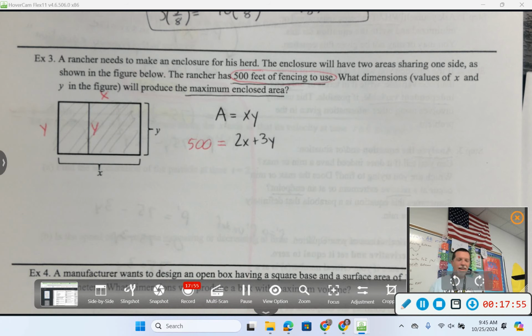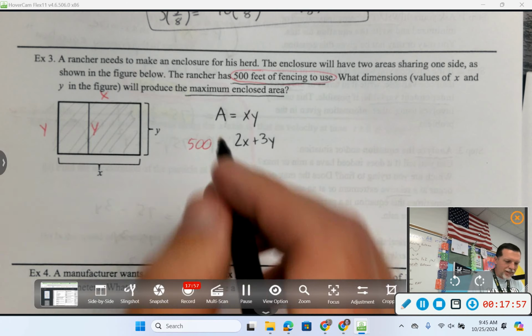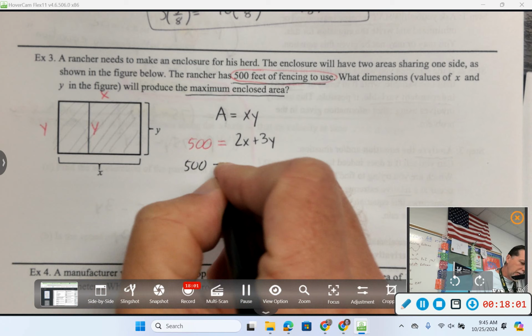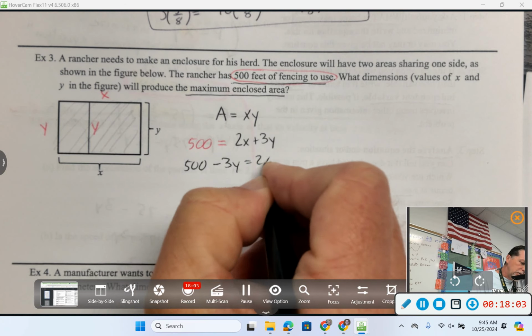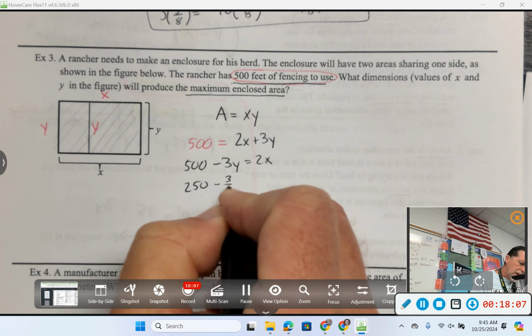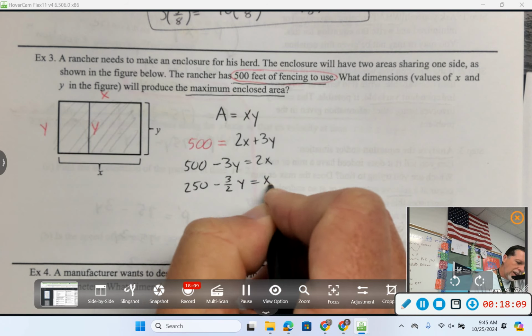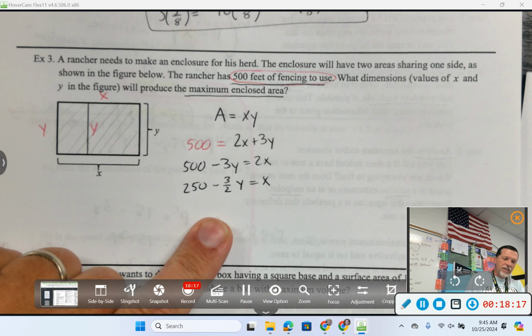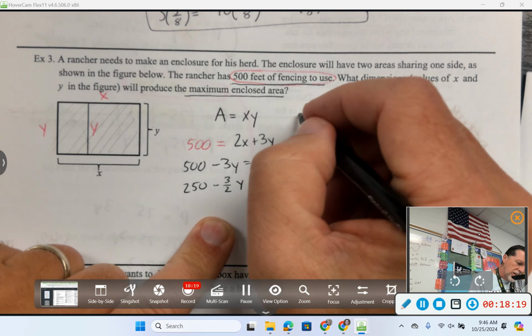It's not going to really matter, but it seems like it'd be easier to divide by 2 than by 3. So 500 minus 3y equals 2x. So 250 minus 3 halves y equals x. Again, it would have worked either way, but I'd rather 250 than 500 thirds.